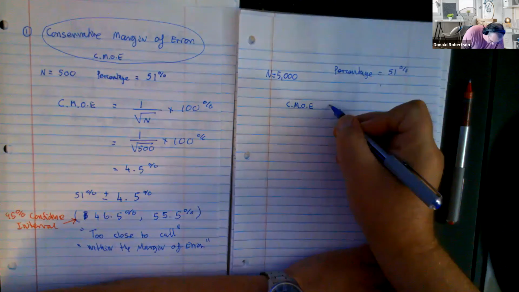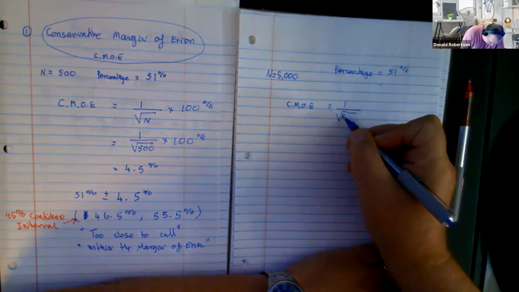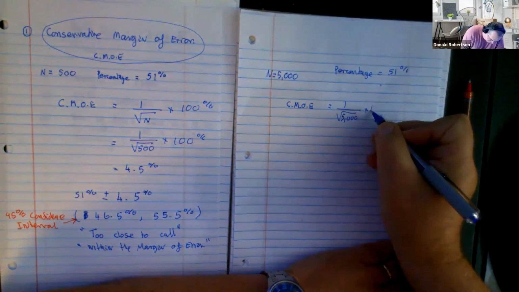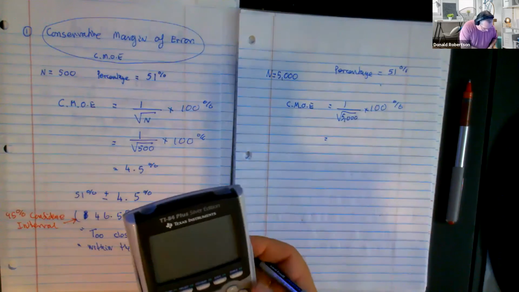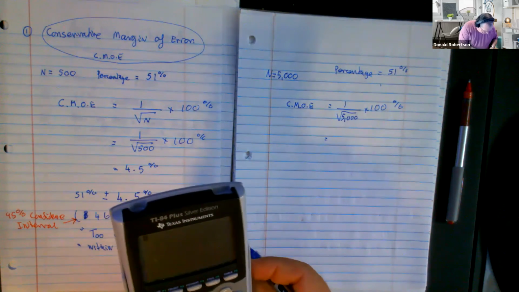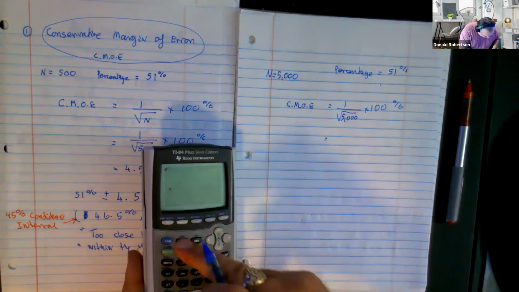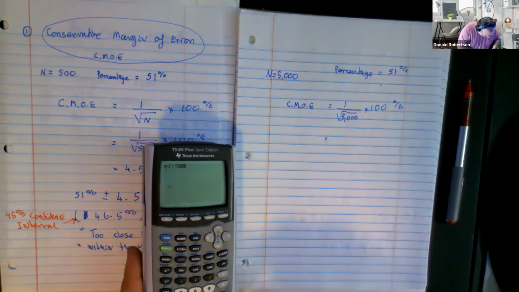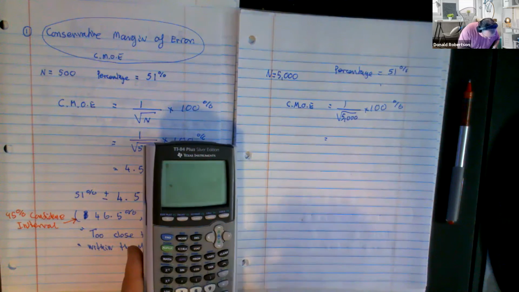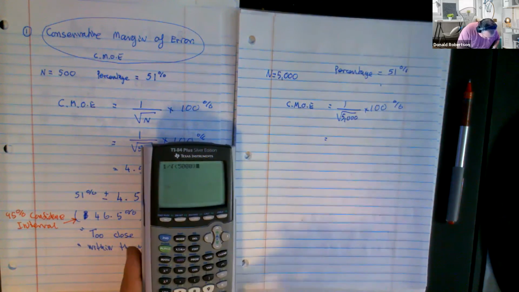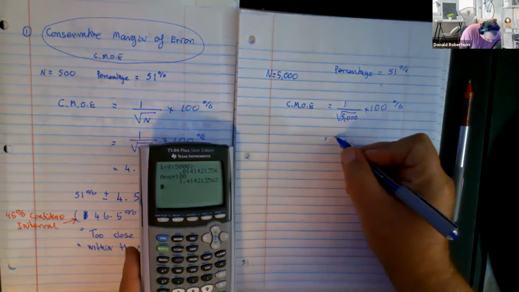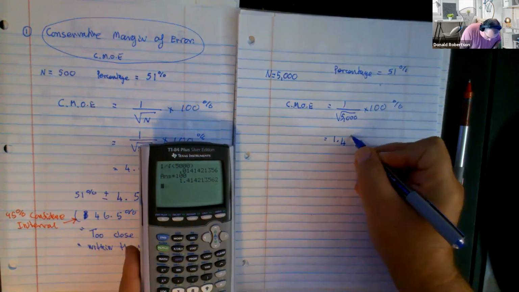And 1 over the square root of 5,000 times 100%. That gives me 1 divided by the square root of 5,000 times 100, and I get 1.4%.